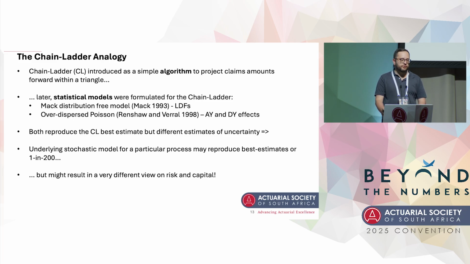That's how I'd summarize Mack in a nutshell. Saying it in slightly less technical terms, you can get a statement of how much risk is contained in your chain ladder. In other words, if you want to form a risk margin around the chain ladder's estimates, you can apply Mack's formula to derive the mean square error of prediction, and from there work out what your 75th percentile or your 95th percentile could be.